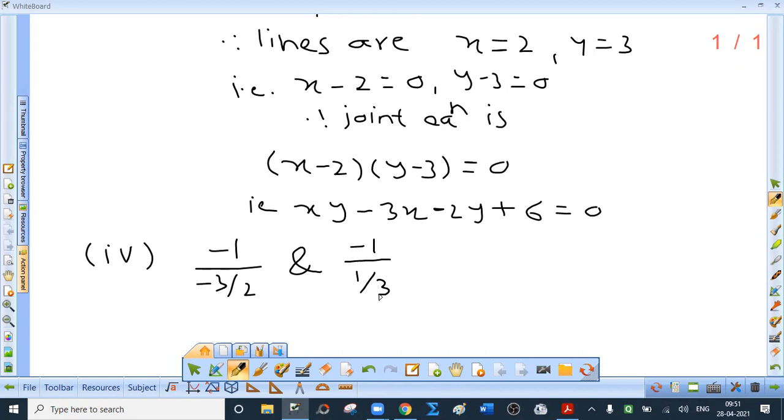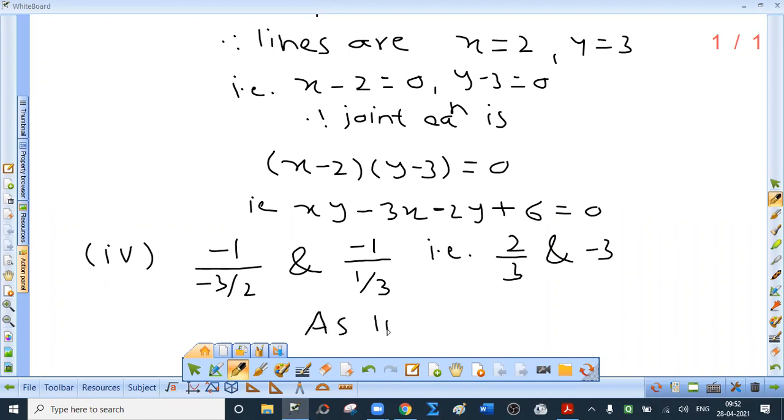So their negative reciprocals will be what? I have written it on slate. Will be minus 1 upon minus 3 by 2 and minus 1 upon 1 by 3. That is 2 by 3 and minus 3.